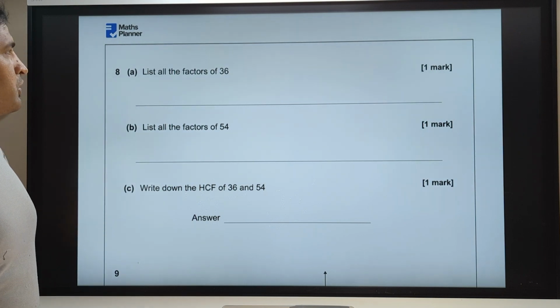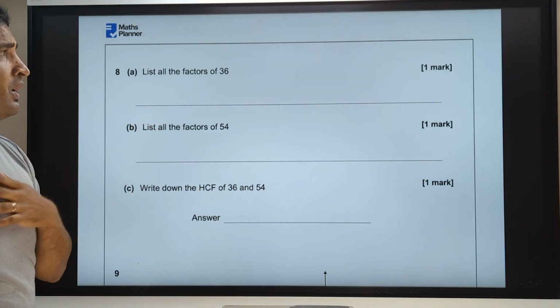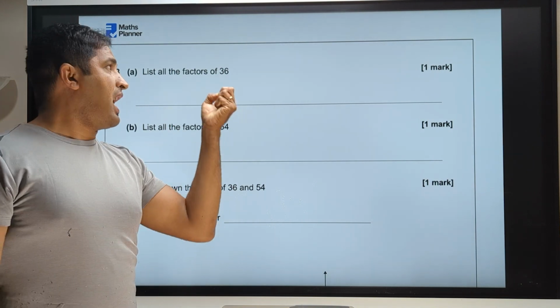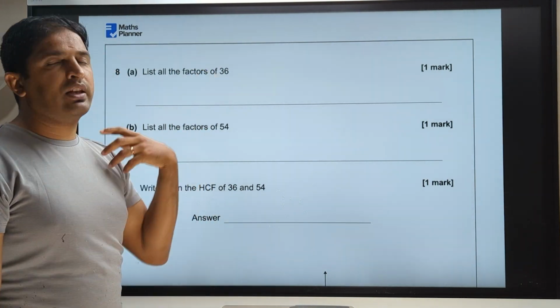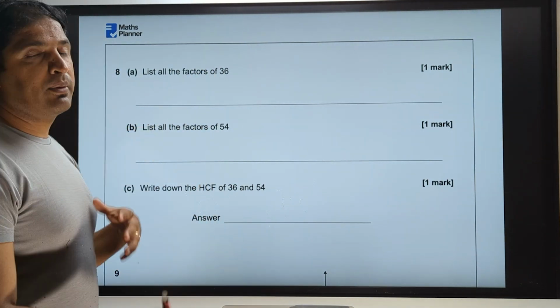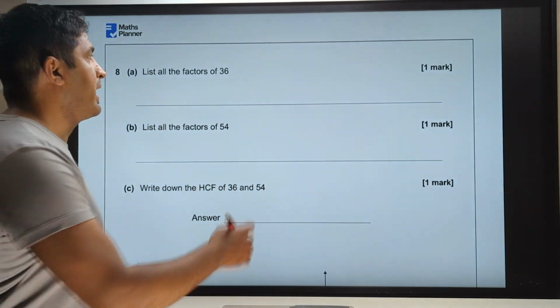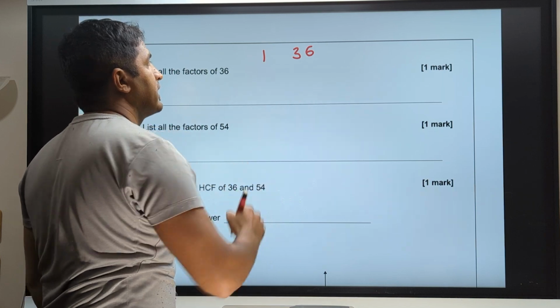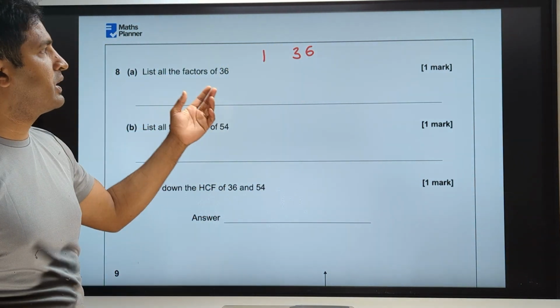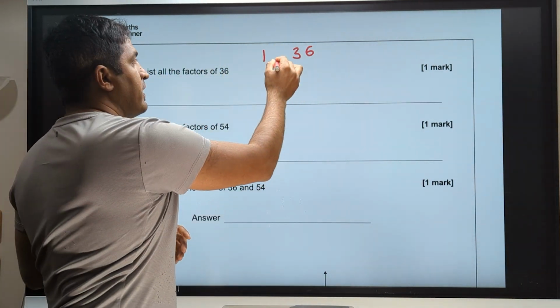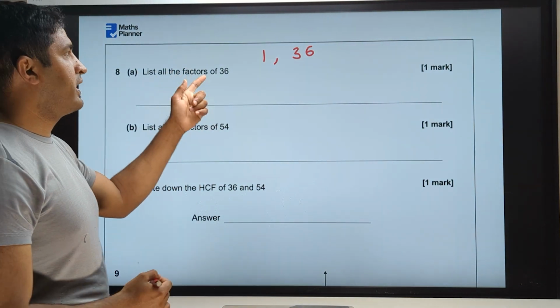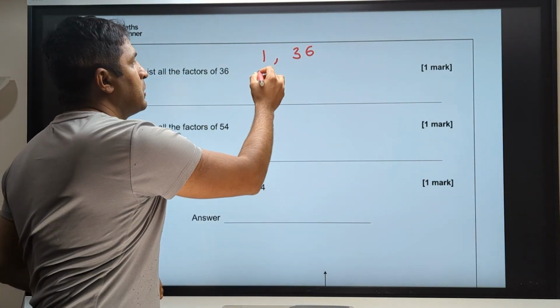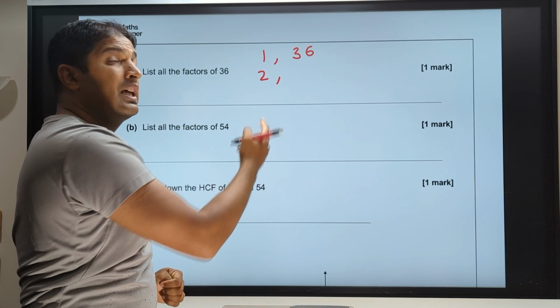List all the factors of 36. That's factors and multiples. Factors mean all the numbers that multiply together to make 36. We always work out factors in pairs. So the first pair you should all be able to write down is 1 and 36, because 1 times 36 will give you 36. In the next pair, we always look for the second number after the 1, which is 2. 2 goes into 36, yes, because it's an even number.